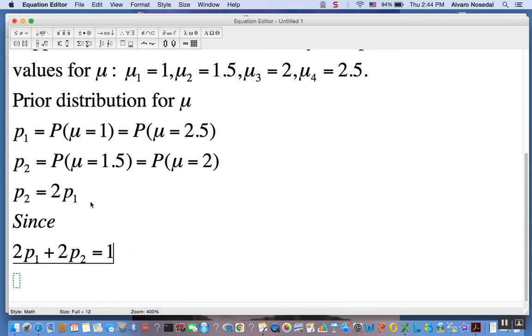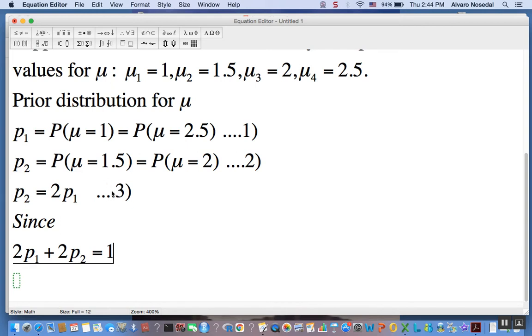So note that, let me call this guy our third condition. This one here, let me call it condition number 2. This one here, let me call it condition number 1. Okay, and this is just from properties of probability distributions, right?